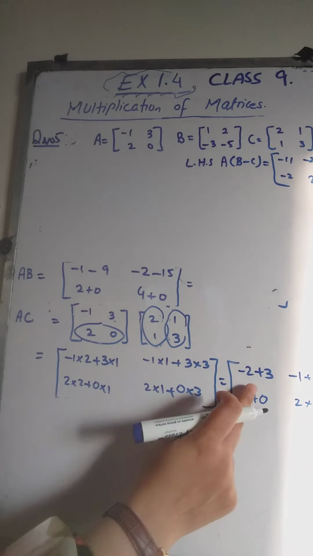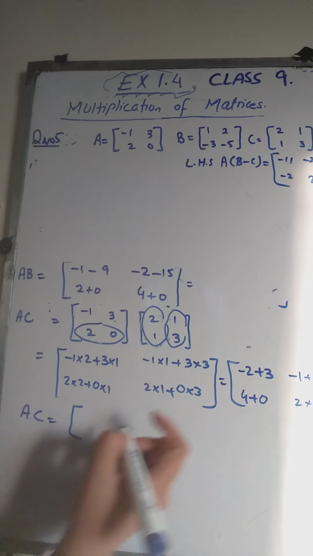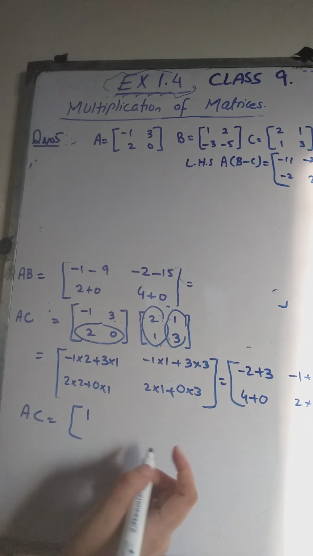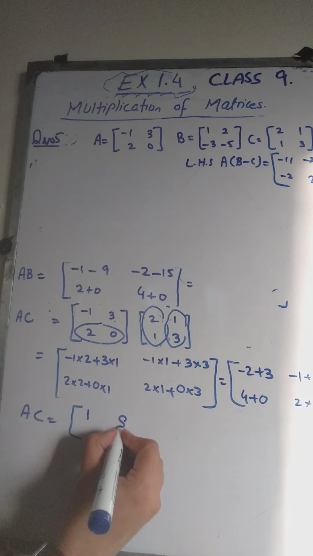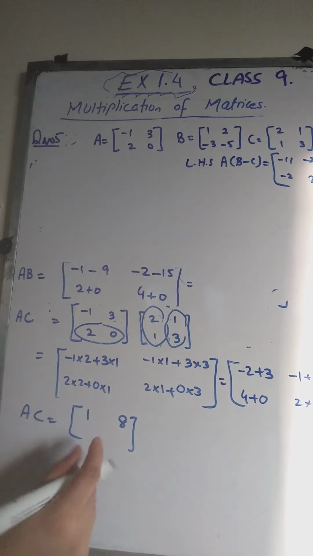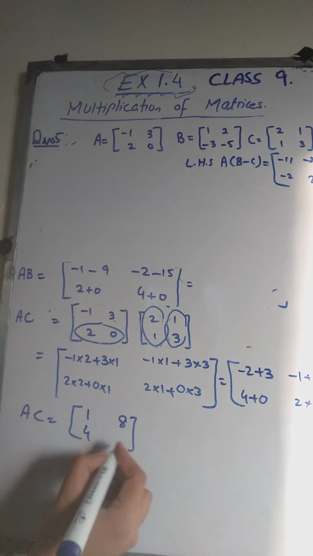Okay, AC will be negative 2 plus 3 will be 1, negative 1 plus 9 will be positive 8, because signs are different, we are going to do subtraction, and 4, 2 plus 0 will be 2.